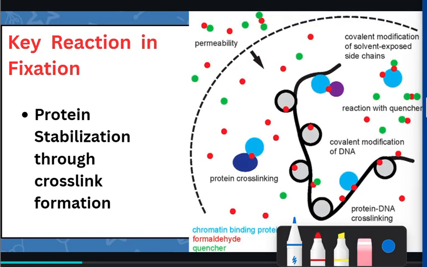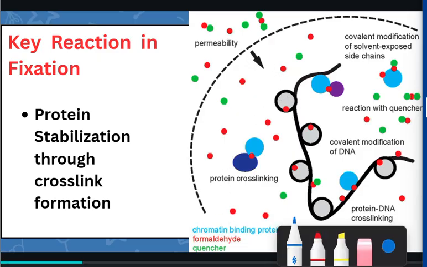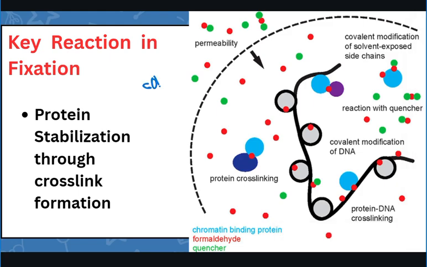Okay? And the cross-cutting. So, class, the key reaction in fixation is protein stabilization through cross-link formation. What I'm showing you is the formaldehyde fixation, where it forms covalent bonds or covalent cross-links between the proteins, and between proteins and the DNA as well, based on this picture.